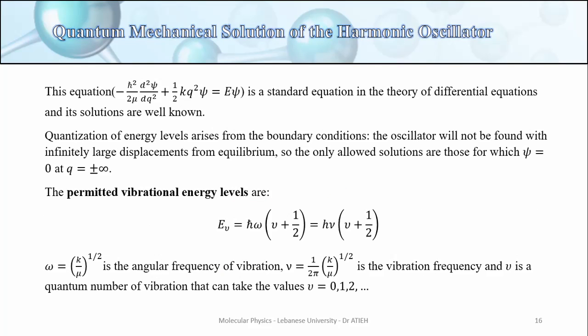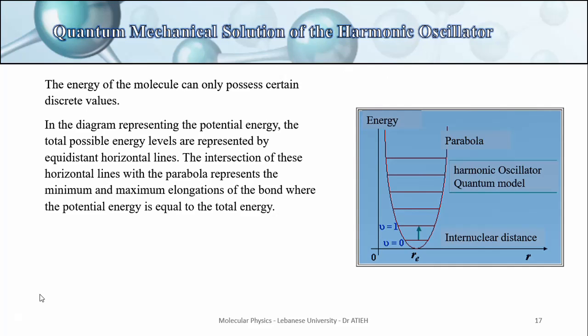Now the solution of this Schrödinger equation, which gives the vibrational energy of a diatomic molecule, is not developed here in the course. We only care for its solution. It gives E_ν equals hν(ν plus half), where this ν corresponds to the vibrational frequency of the bond, and ν is a quantum number equal to 0, 1, 2, etc. According to the quantum mechanical treatment, the vibrational energy of the molecule can only possess discrete values.